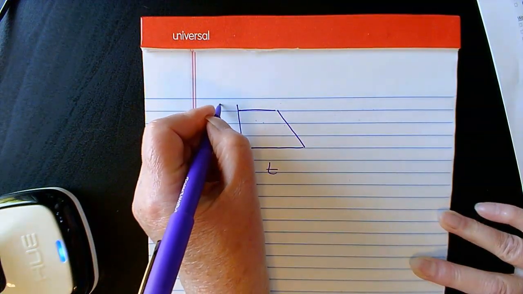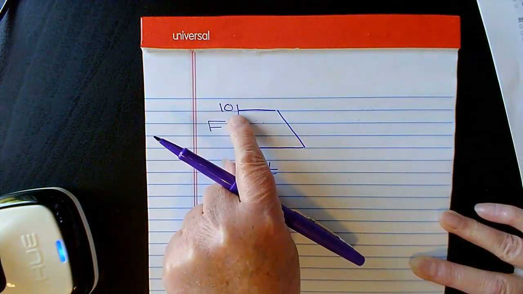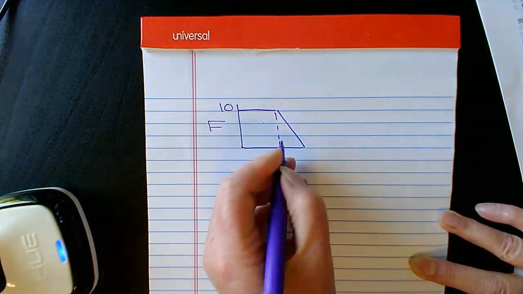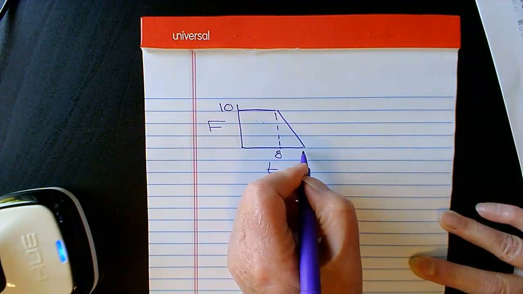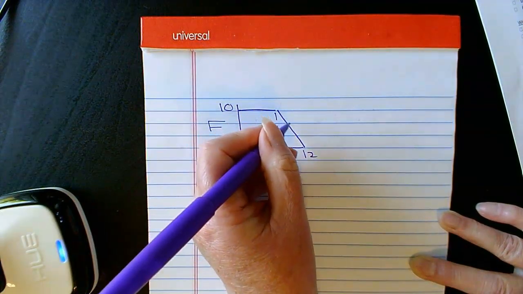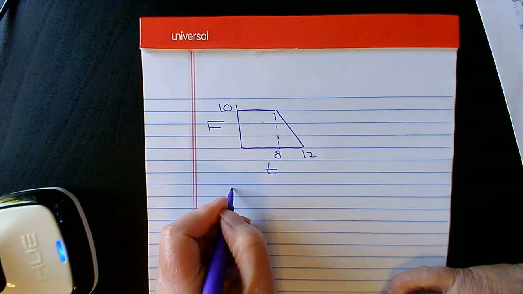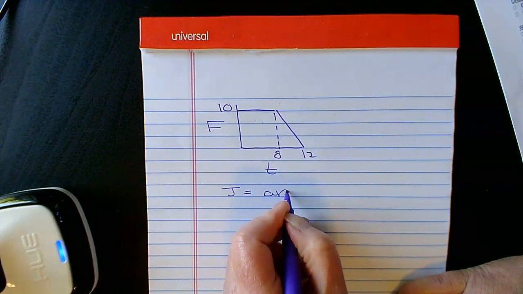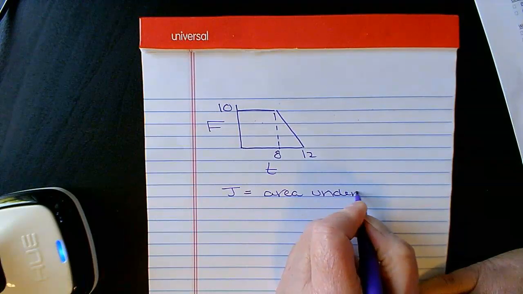So let's call this a force of 10 newtons, and we apply a force of 10 newtons for, let's say, 8 seconds, and then the force starts to decrease.